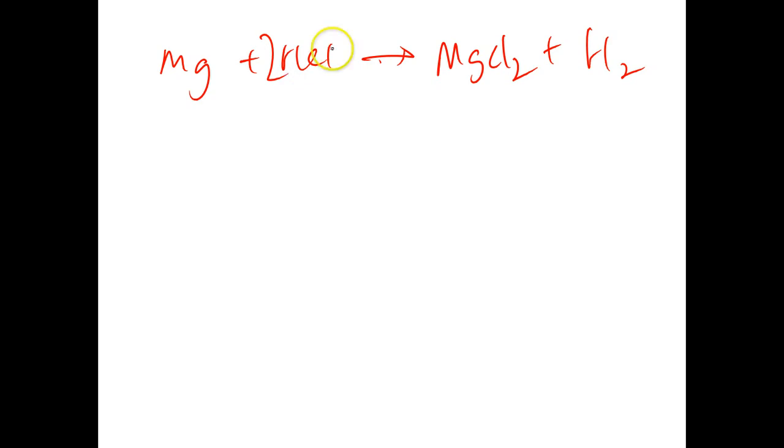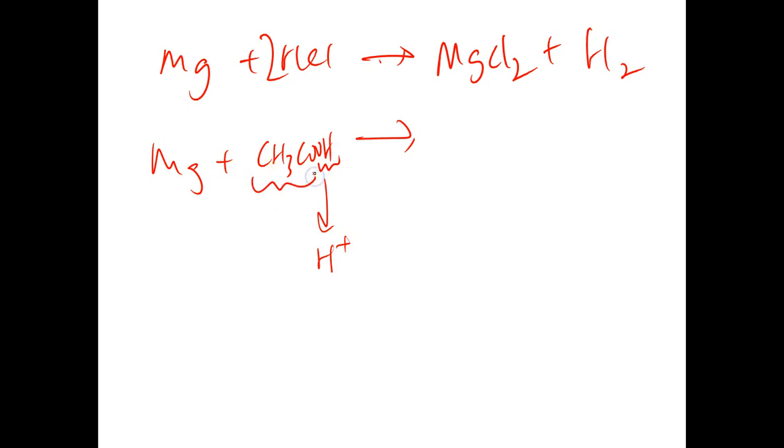So if I were to convert this into my ethanoic acid, I know that this H is dissociated as H+, and this part here would be the other part of the ion.